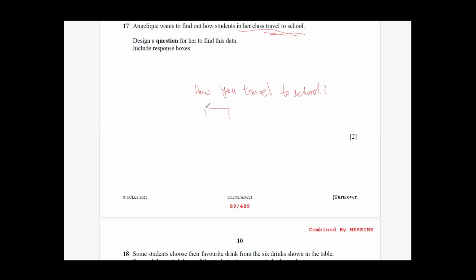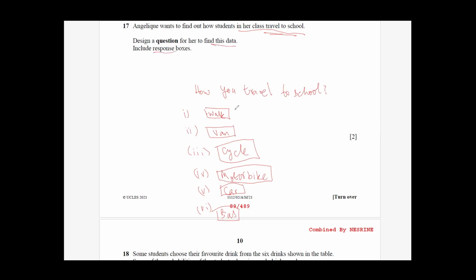Options may be option 1, walk, option 2, van, option 3, maybe cycle, option 4, maybe motorbike, option 5, maybe car, or it could even be a bus. So some of these may be the required options. Design a question for her to find this data.